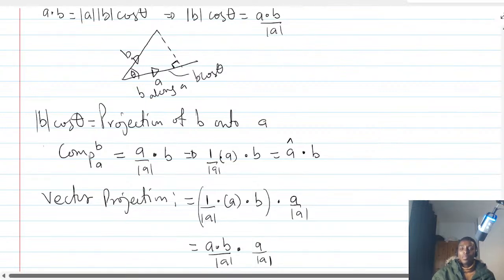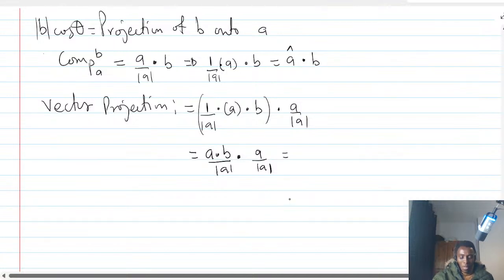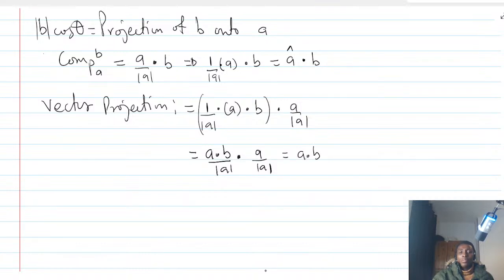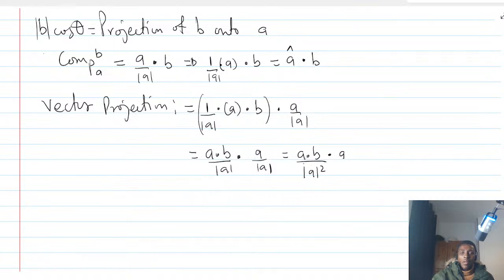So you end up with A dot B divided by the magnitude of A squared, multiplied by A.